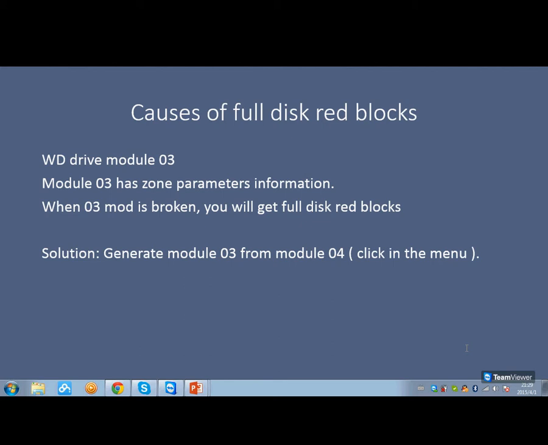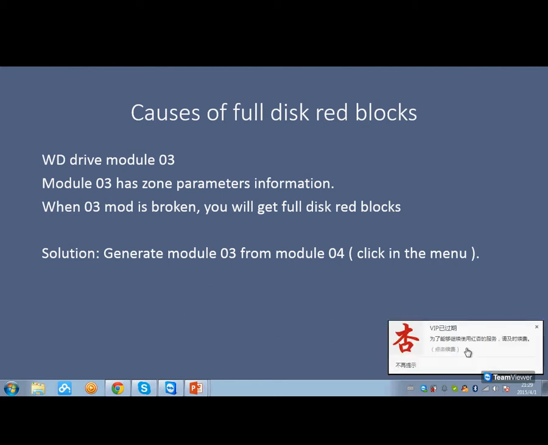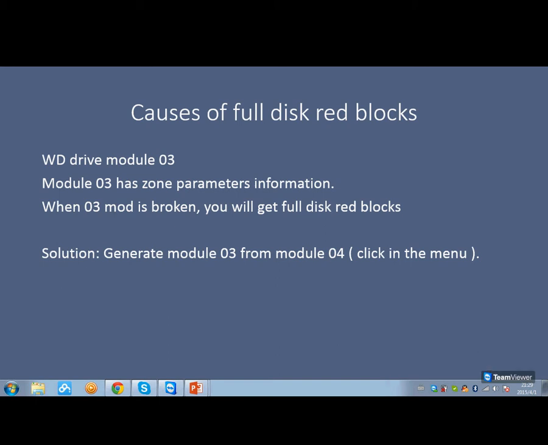You have problems. You cannot get data back, and sometimes you get full disk read blocks, like I said here. So this is number three and four. And number 30 and 35, they are service area defects.